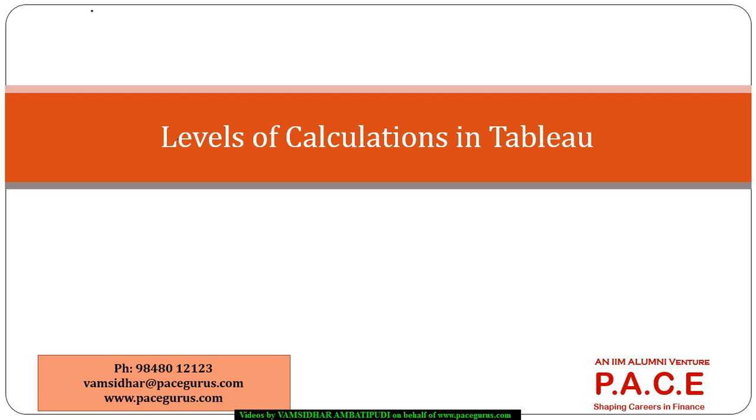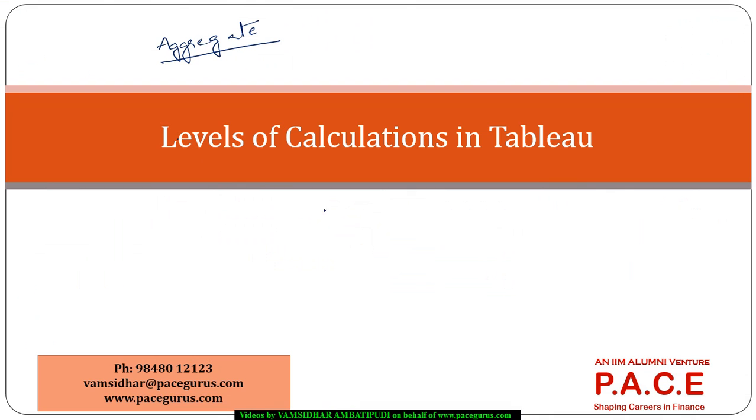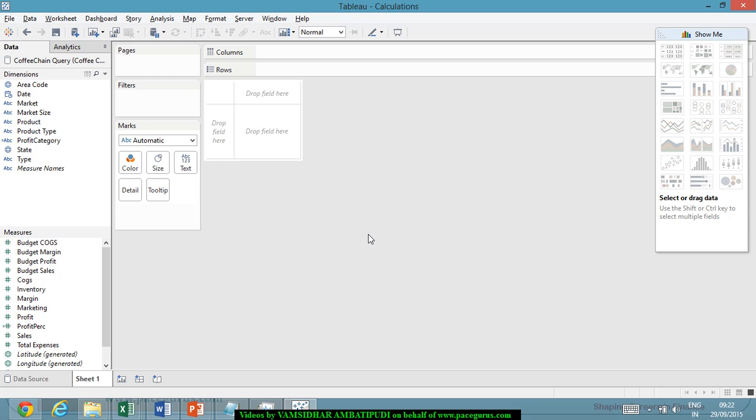Now let's say I want to aggregate it. I want to do some kind of aggregate level calculations. In this example, I want to see the same profitability percentage, I want to look at a profit percentage, but this time I don't want it for each row.